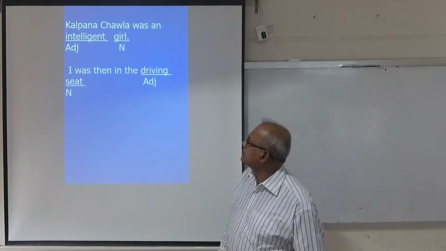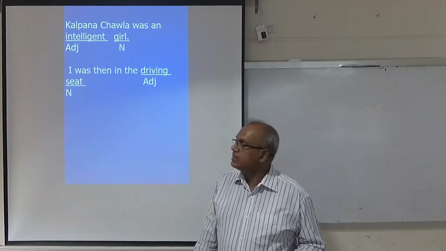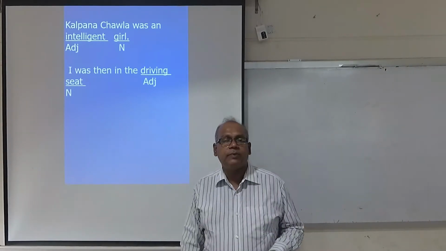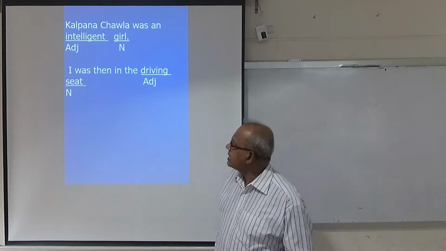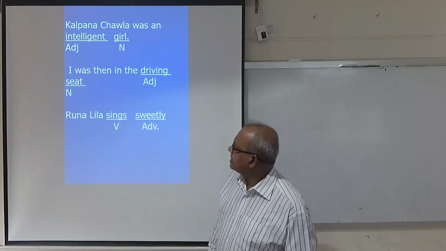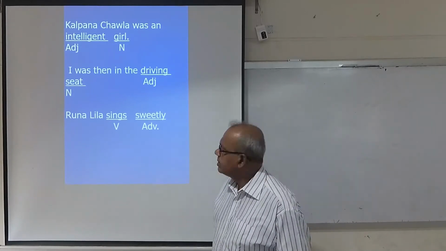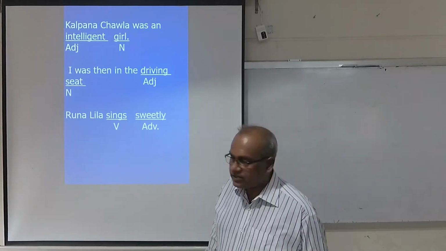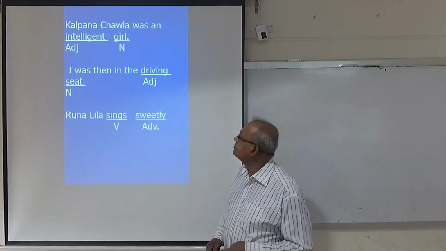In the second sentence, driving is used here as adjective, it is present participle, and seat is used as noun. Next, third sentence, Runala sings sweetly. Sings, it is verb, and sweetly, it is adverb.